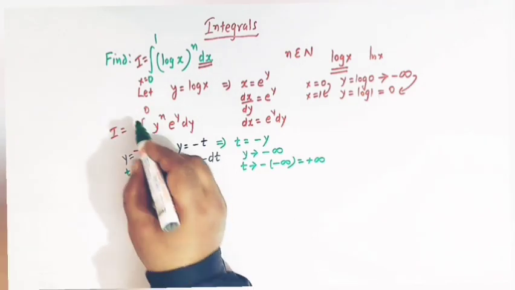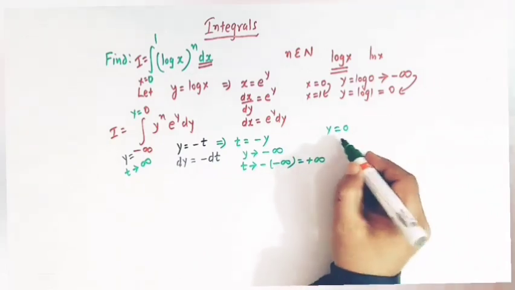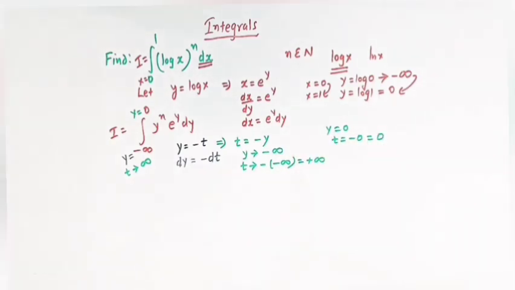And similarly, when y is equal to 0, then obviously t is equal to minus 0, that is equal to 0.